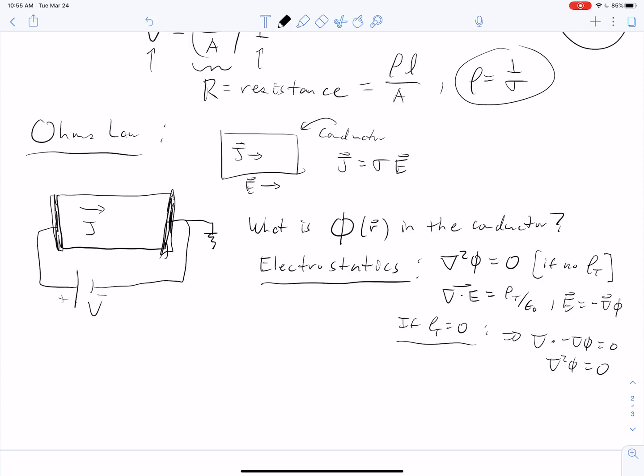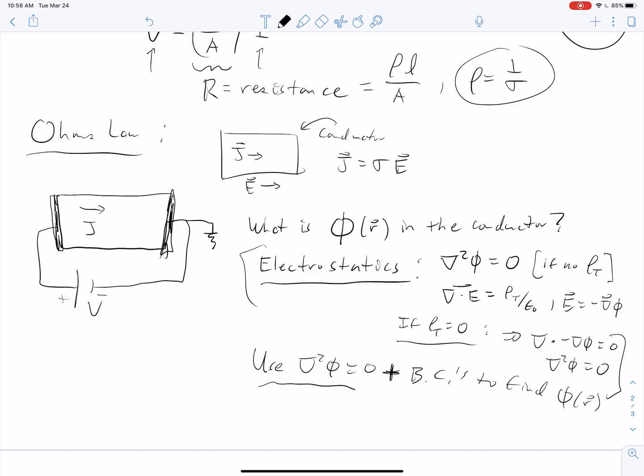Okay, so that's what we learned from electrostatics, and then we learned all these techniques for using this. So we can use del squared phi equals 0 plus boundary conditions to find phi of r. Remember, we did that. This was Laplace's equation.